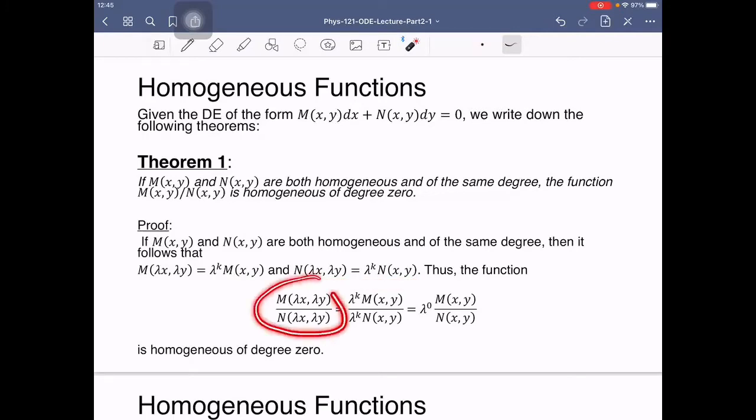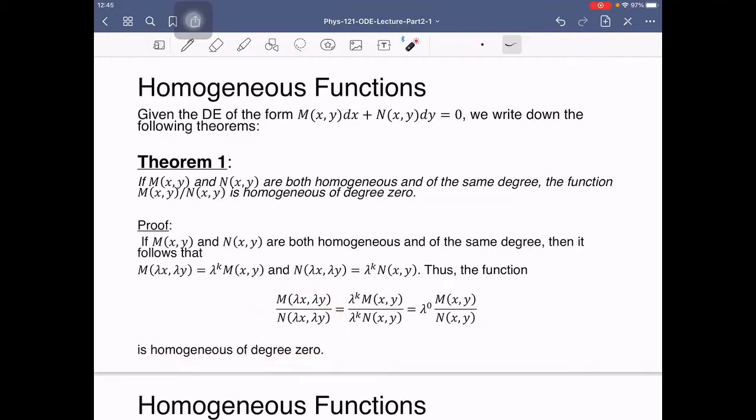So if we take the ratio of these functions, magiging ganito lang. So we still have lambda k times the function m of xy divided by lambda raised to k times n of xy. So kung mapapansin nyo, of course, we can cancel this out, no? Pero since we are trying to show na yung degree, so therefore, this is just lambda raised to 0, which is just 1. So therefore, this is a homogeneous function of degree 0.